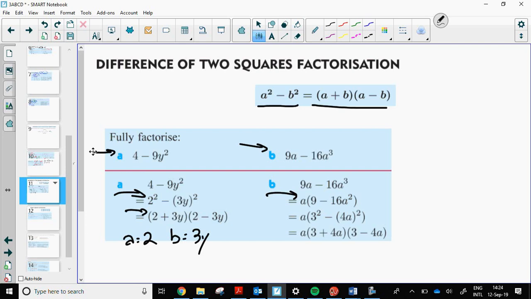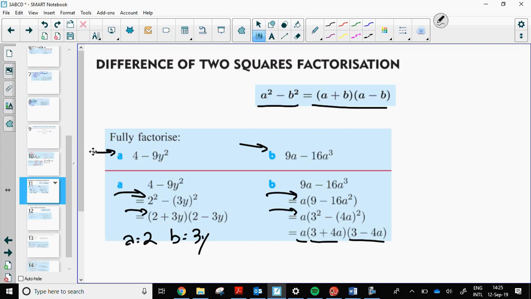And both of those are perfect squares. 9 is 3 squared, and 16a squared is the same as 4a all squared. And so now we have a difference of 2 squares. So we use the a plus b, a minus b form. And our final answer is a, that common factor that we pulled out, multiplied by 3 plus 4a, multiplied by 3 minus 4a.